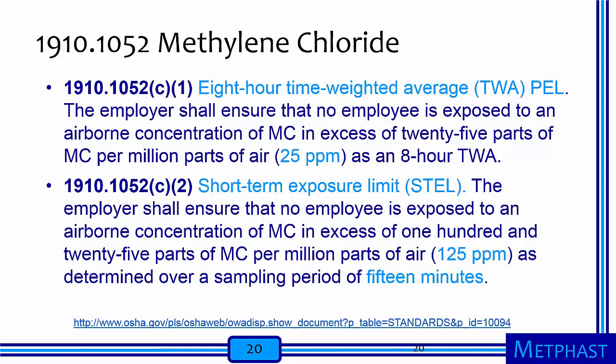The short-term exposure limit is 125 ppm for a 15-minute sampling period. OSHA defines that there should never be a 15-minute exposure over this short-term exposure limit. So this type of digging is not uncommon. You need to be prepared to dig to find what you need.